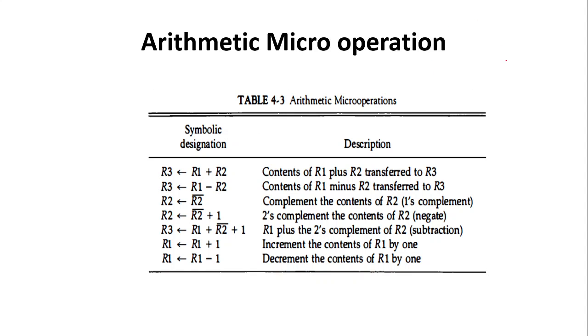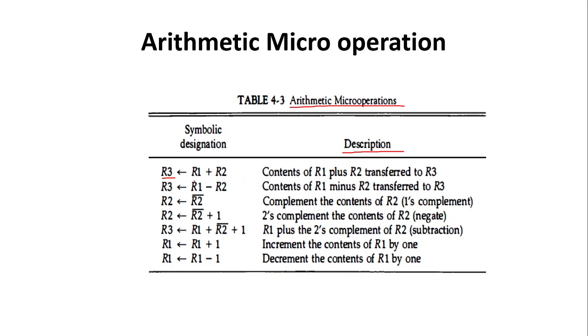These are the various arithmetic micro operations shown in the table. The first operation is R3 equal to R1 plus R2. This is the symbolic representation on the left hand side, and the right hand side is the description of the micro operation.